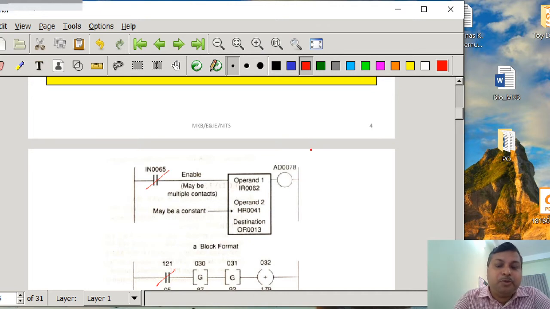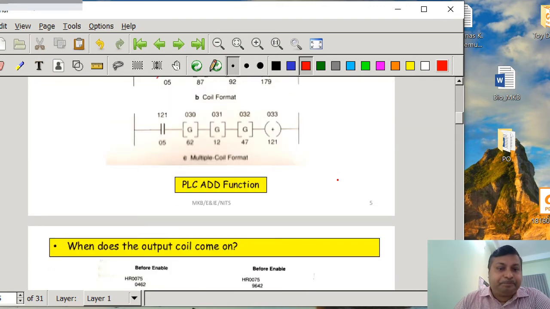But the most important thing is that by AD0078 you are indicating that this particular format is for the addition operation. This is very important for developing ladder logic. Whenever you are asked to develop ladder logic using this mathematical operation or any other PLC functions, this format is important. So you have to strictly follow these formats.